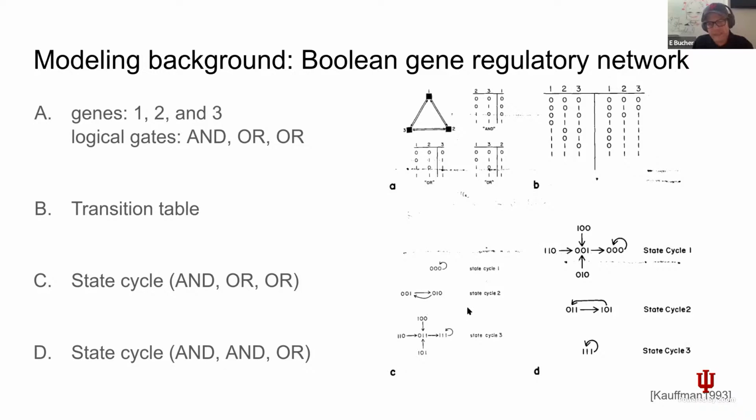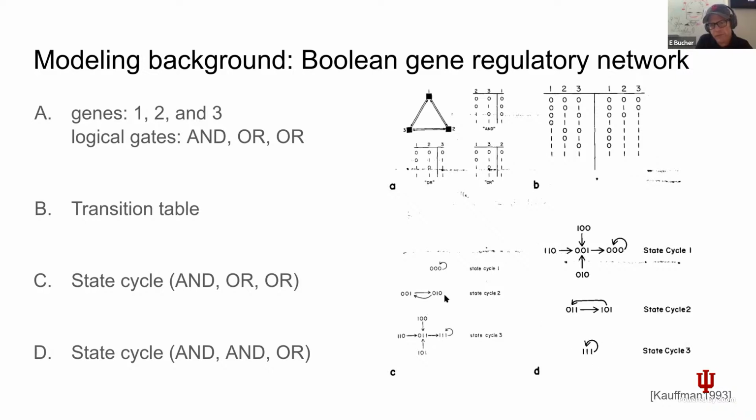What of course can happen is that through mutation, one of these genes gets damaged, and all of a sudden our network changes. And now in this network we have AND and OR; that's how our genes are regulated in the same network. And you can see that the whole landscape changes. Now we have a single state that is a point attractor, and you cannot come out of this state.